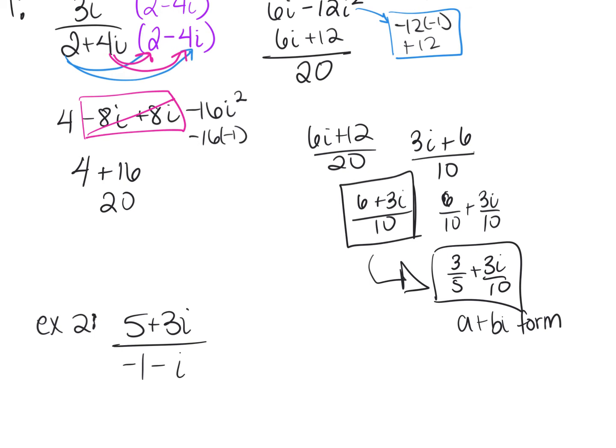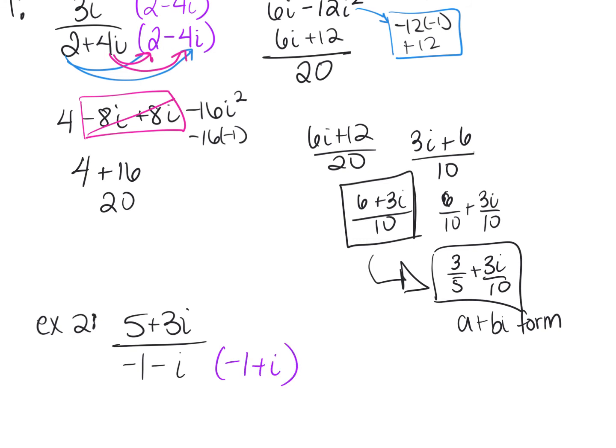So we have 5 plus 3i divided by negative 1 minus i. So what's my complex conjugate of the denominator? Negative 1 plus i.